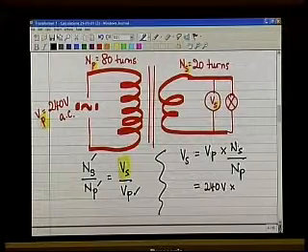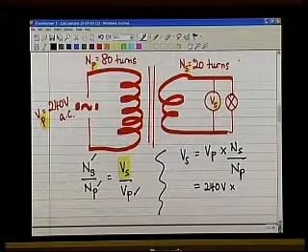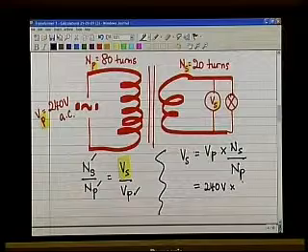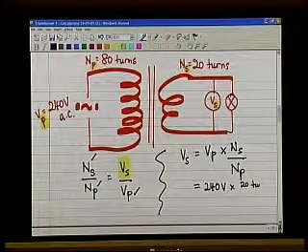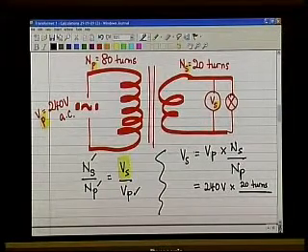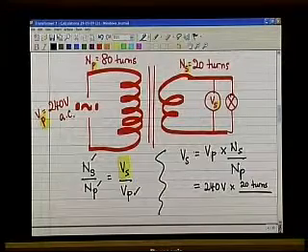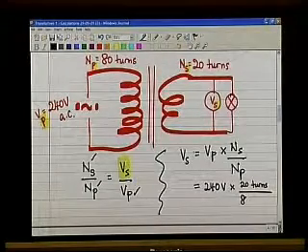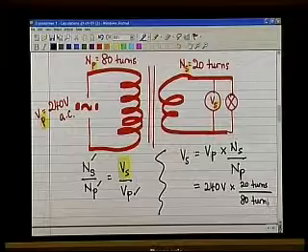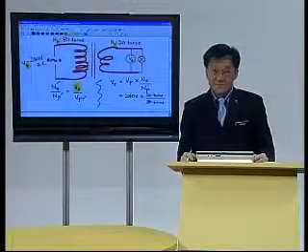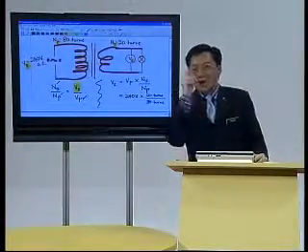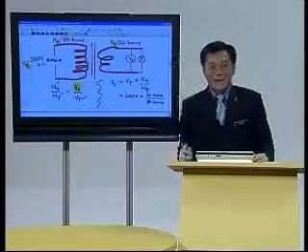Now, it's very important. I just refer to the diagram. I get my values. Ns is 20 turns. Divided by Np. Np is 80 turns. It's clear, right? Please write down the units every time.